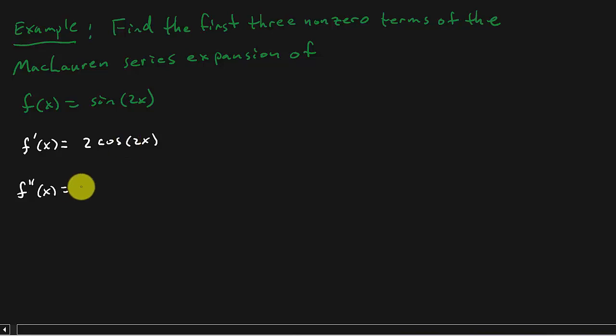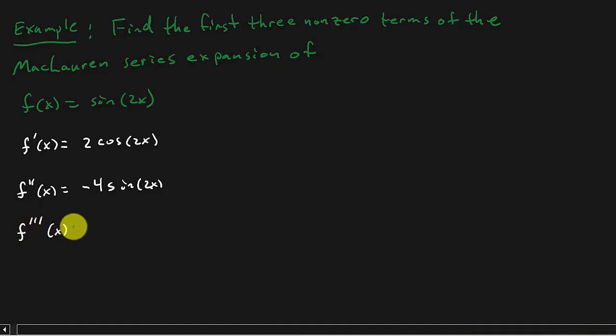Okay, let's just write this one out. So that's 2 times negative sine 2x times the derivative of what you're taking the cosine of, which is 2. And so f double prime is what? Negative 4 sine 2x. You see that? Negative 4 sine 2x.